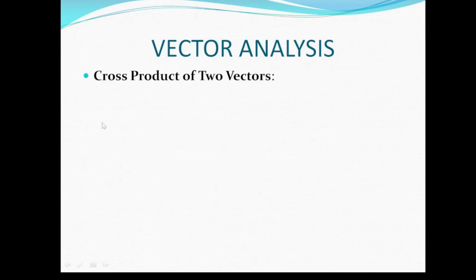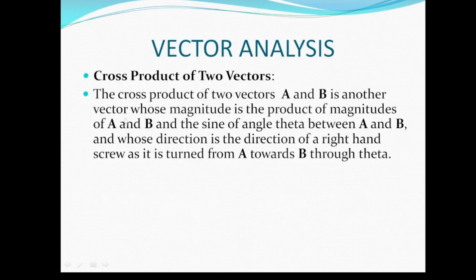Now, the cross product of two vectors. The cross product of two vectors A and B is another vector whose magnitude is the product of the magnitudes of A and B and the sine of the angle theta between A and B, and whose direction is the direction of a right hand screw as it is turned from A towards B through theta.